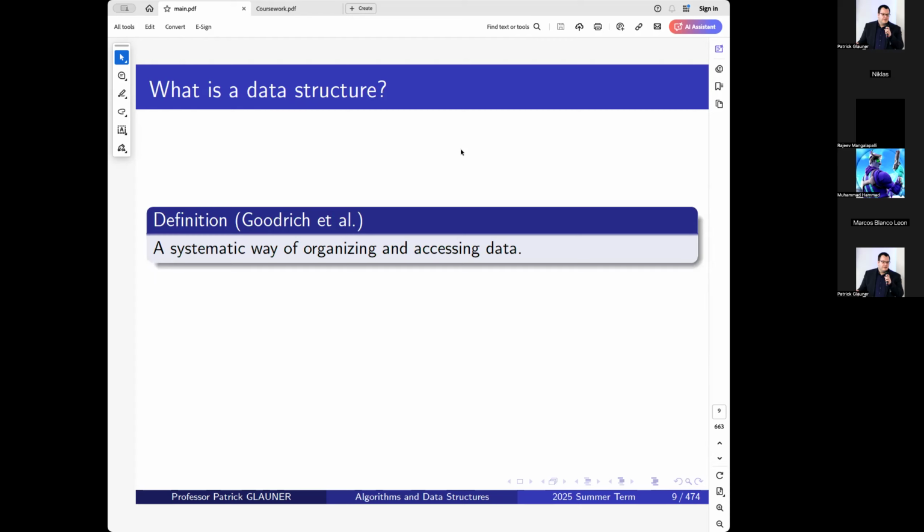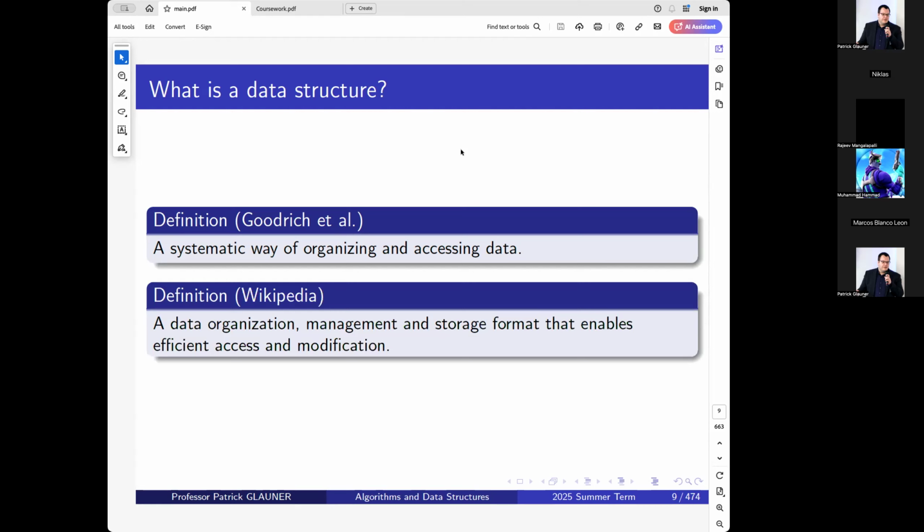Now the course is called Algorithms and Data Structures, so we should also briefly discuss what a data structure is. A data structure is referred to, in the Goodrich book, as a systematic way of organizing and accessing data. So we store data and we need some systematic way to access, organize, edit, manipulate, and delete it.